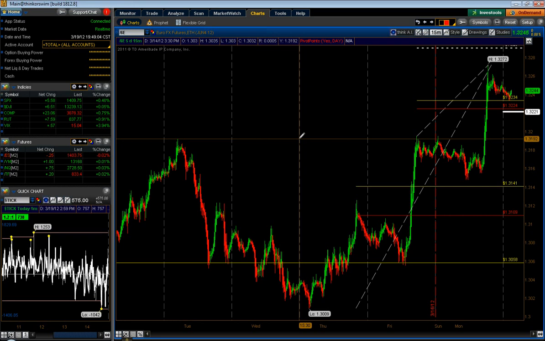So maximizing those winning trades and then limiting both the losing trades by placing your stop and the number of losing trades, because it's great if your winners are 10 times your losers, but if you only have one winner in every 20 trades, then the numbers don't exactly make sense.